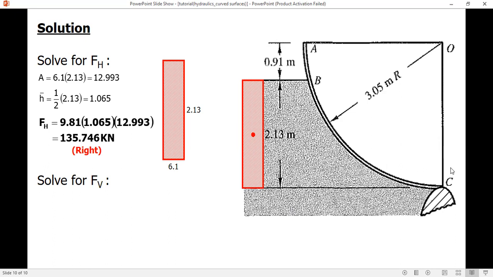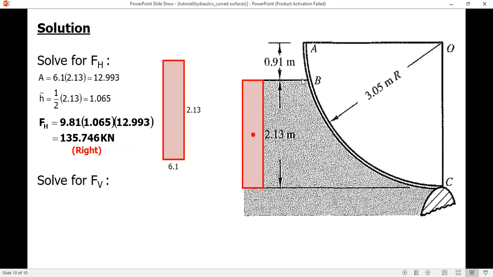Now, for the vertical component, we get the area from the curve, that part only which is in contact with the liquid. So, B to C. From B to C, project vertically upward to intersect the liquid surface. For B, no need, since it already intersects the liquid surface.